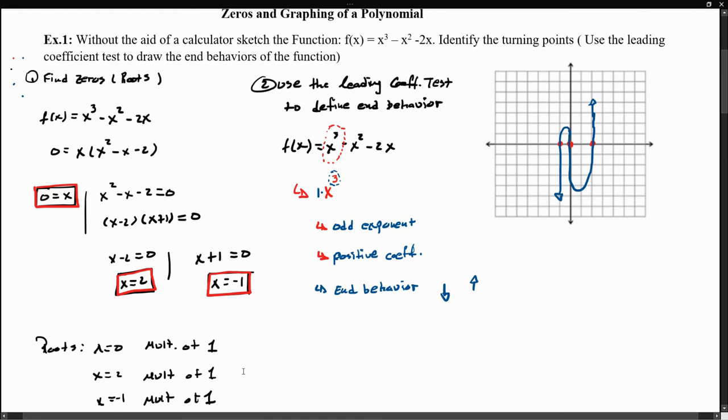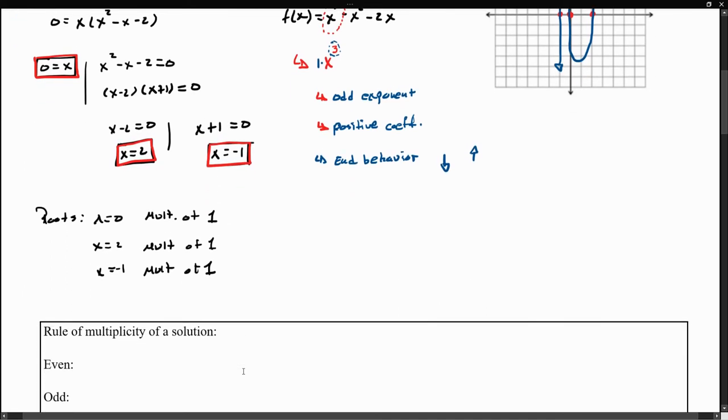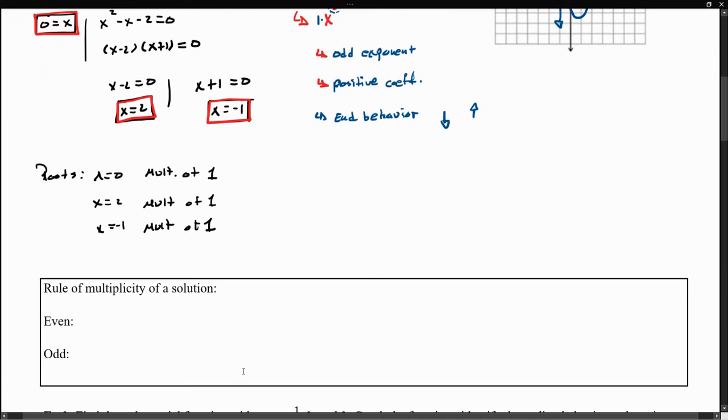And why is the multiplicity so important? Because we do have rules for how your function is going to interact with the x-axis due to the multiplicity of your solution. If your multiplicity is an odd number, which in this case they were, 1 is definitely an odd number, then it's going to cross the x-axis.